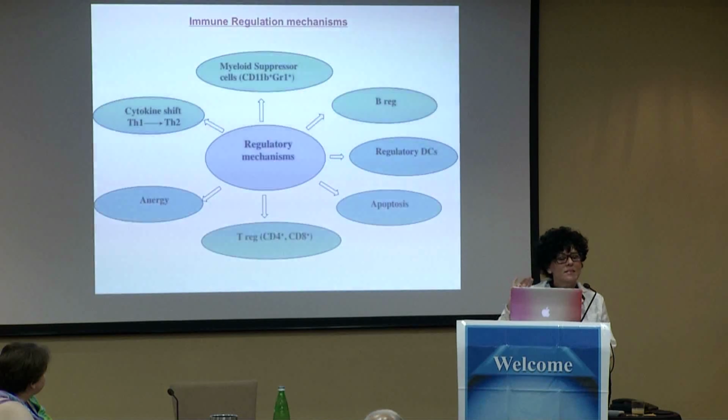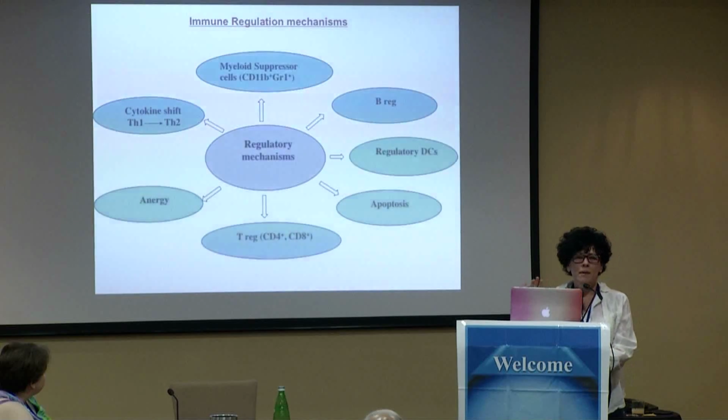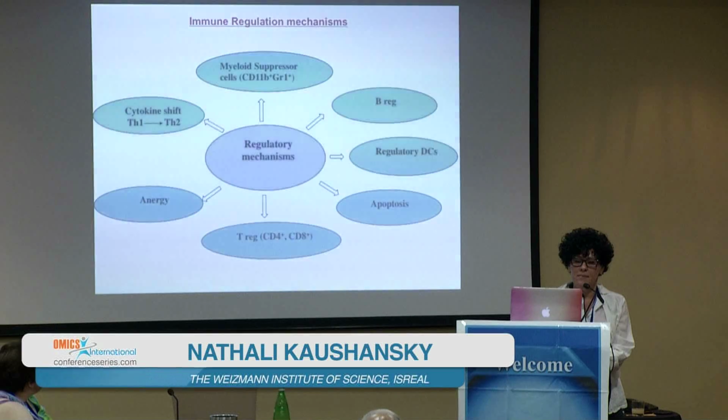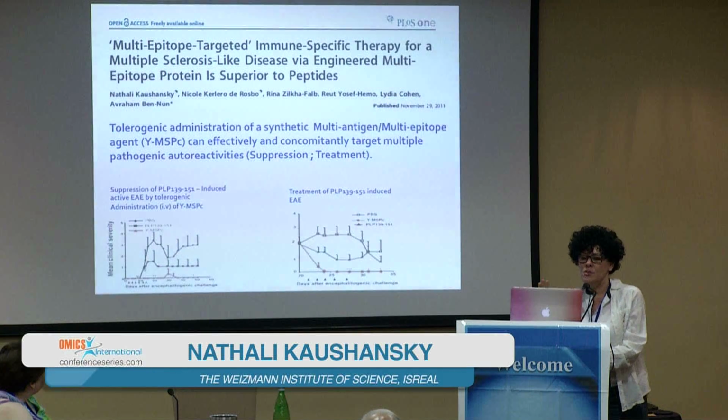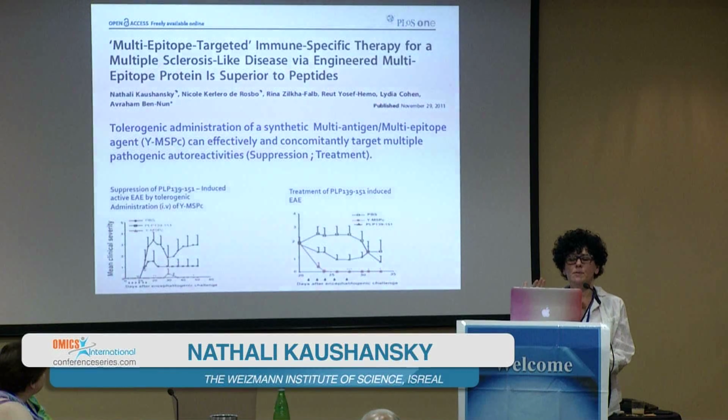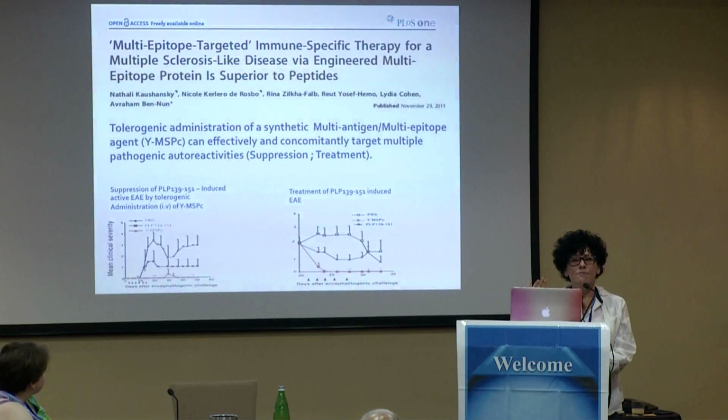So there are several regulatory mechanisms associated with immunotolerance. Here I will talk about mechanisms of EAE downregulation following administration of YMSPC. We recently showed that tolerogenic administration of this multi-epitope protein can effectively and concomitantly target multiple pathogenic autoreactivities.